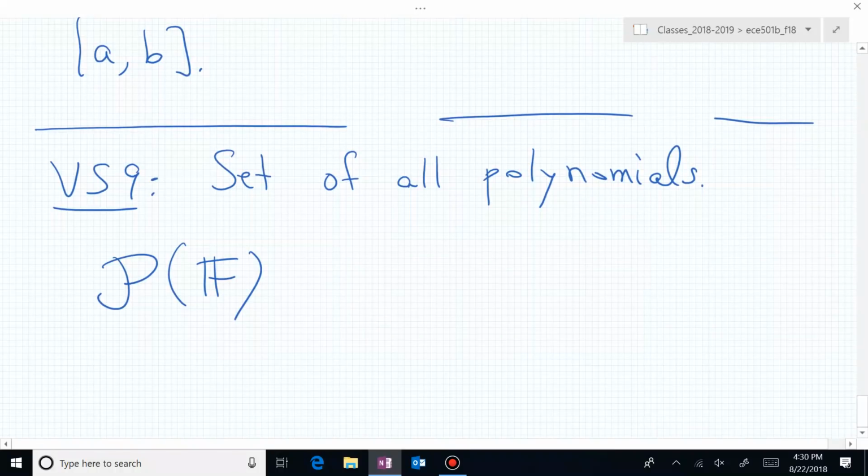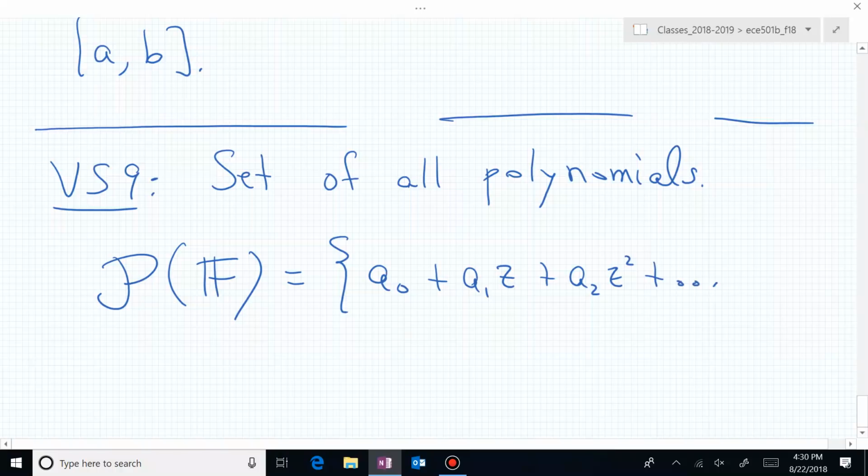I'm pulling my numbers for the arguments here from F. What's F? Real or complex. So either one you could decide, but here I'm going to say a sub 0 plus a1z plus a sub 2 z squared, and that just keeps going.